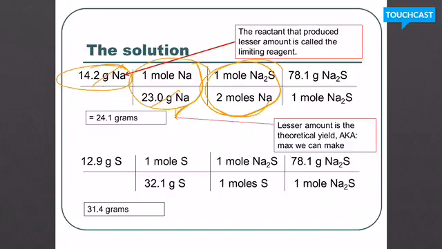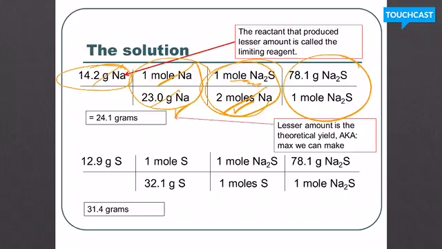So first you did molar mass, then you did the coefficients from the balanced reaction. Now if we stopped here and we cross-canceled everything, you would actually be at moles of Na2S. The last step, you have the molar mass because you converted your moles to mass.